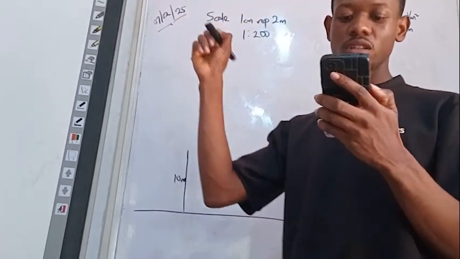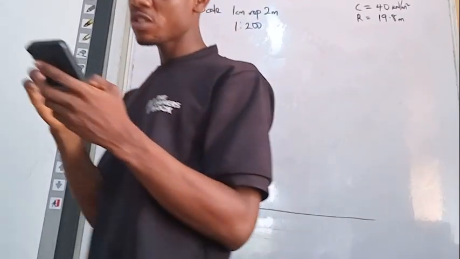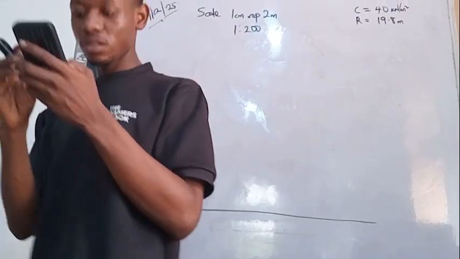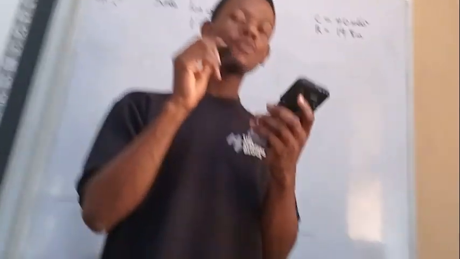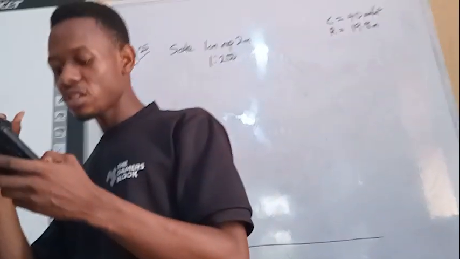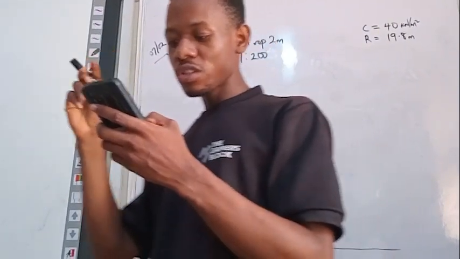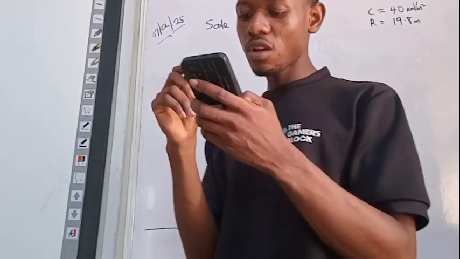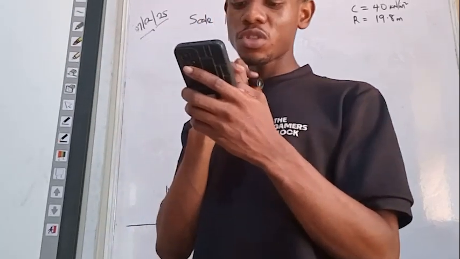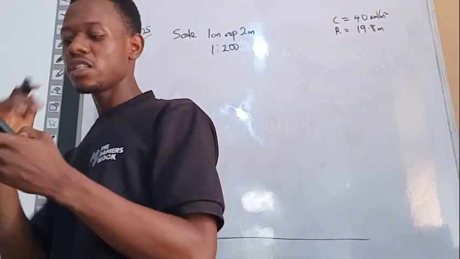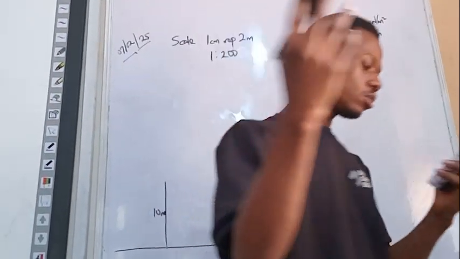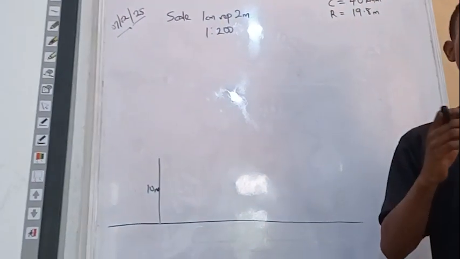Cohesion, C, is 40 kilonewtons per meter squared. The angle of internal friction, phi, is 10 degrees, and the unit weight is 18 kilonewtons per meter cube. So the question is, compute the factor of safety for the slope considering the slip surface illustrated in the figure below. That's figure 1. So you should see the figure in the question.